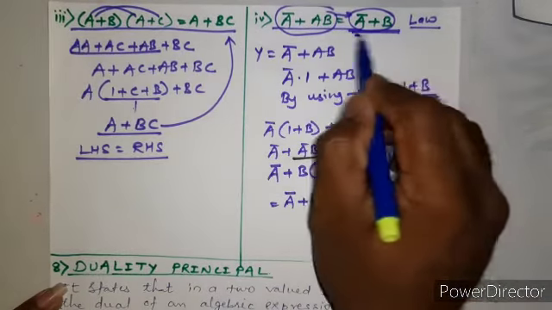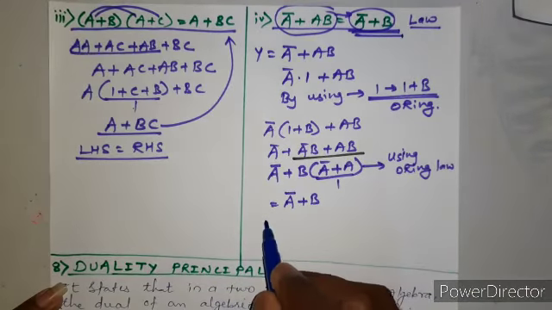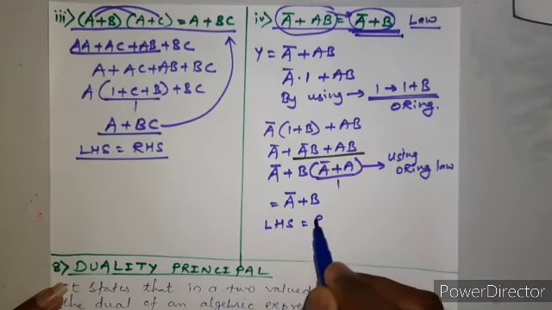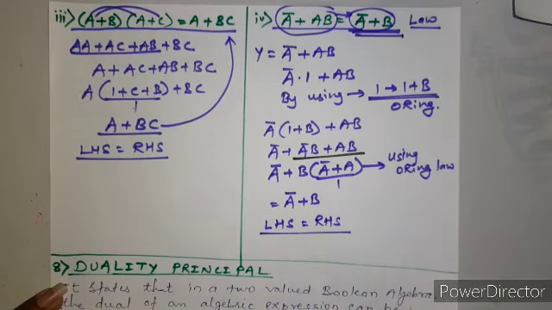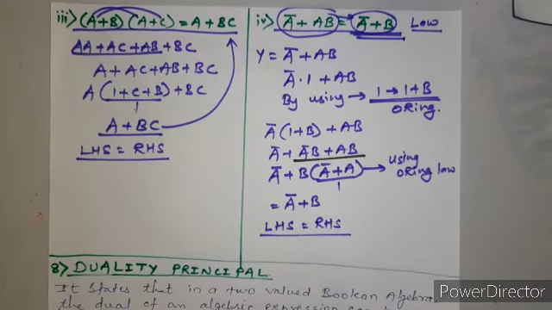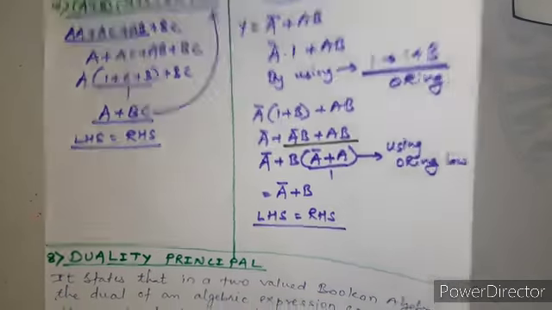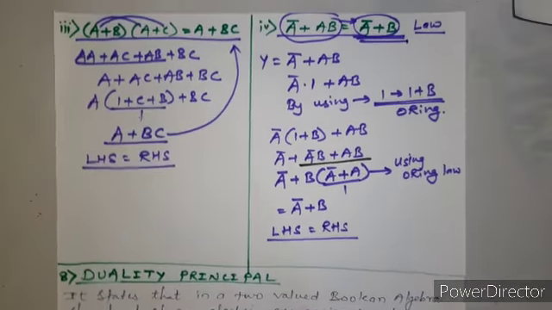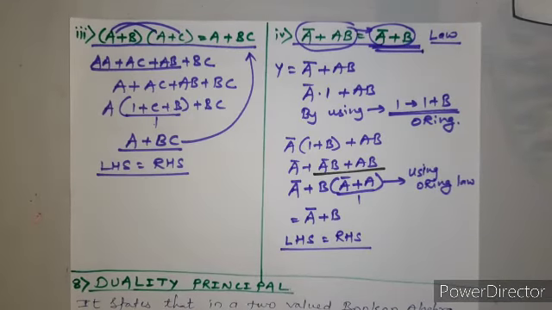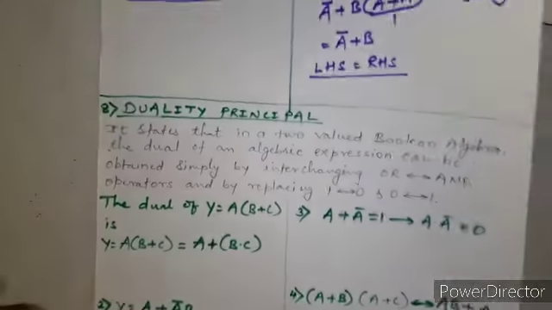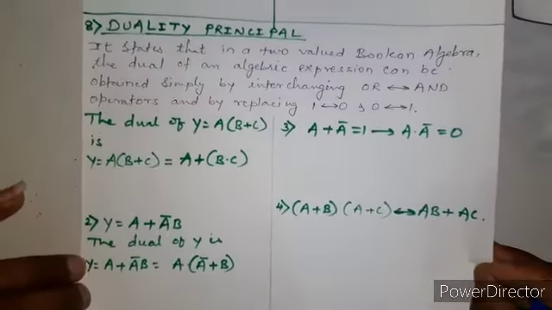So this is what we have proved. So can I then say LHS is equal to RHS? Sounds interesting. I hope you are understanding this, right? That is what I said, that this Boolean algebra is quite interesting.